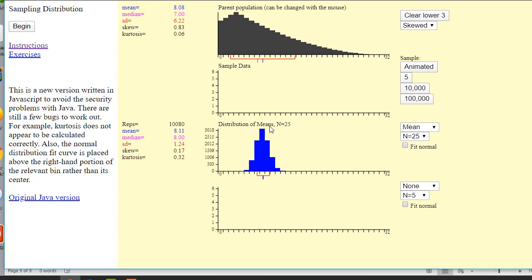It's very symmetric. Now again, the central limit theorem is going to say the mean of this distribution of means should equal the mean of the population. And we can see that they're really close, not exactly equal, but theoretically they will be equal. So 8.11 and 8.08. So this is pretty cool.